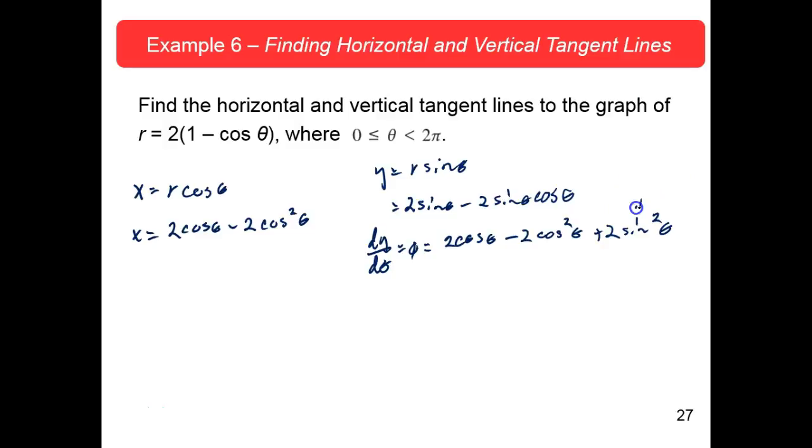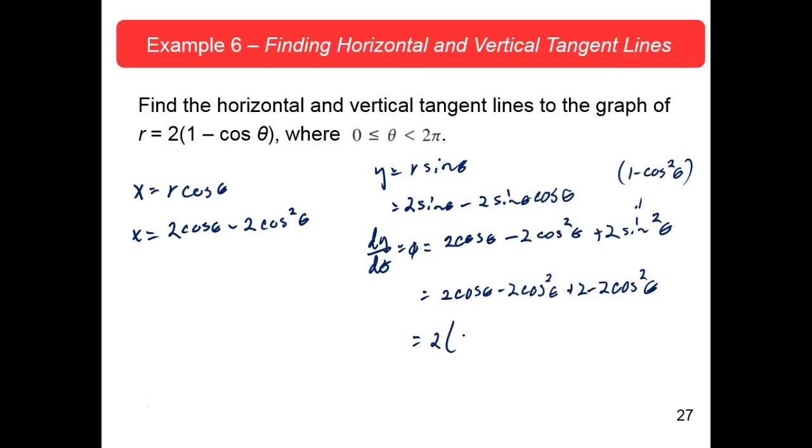Sine squared is 1 minus cosine squared theta, right? Sine squared plus cosine squared is 1. So let's plug that in and we get 2 cosine theta minus 2 cosine squared theta, plus 2 minus 2 cosine squared theta, which I think comes out being, let's just factor out a 2.